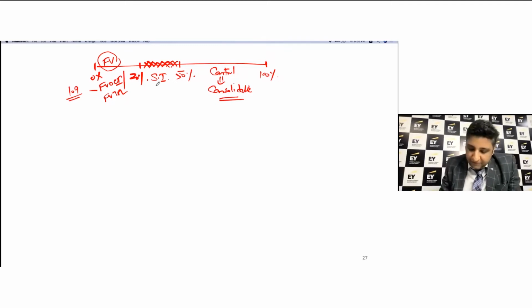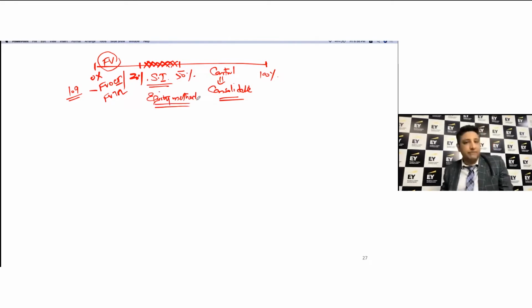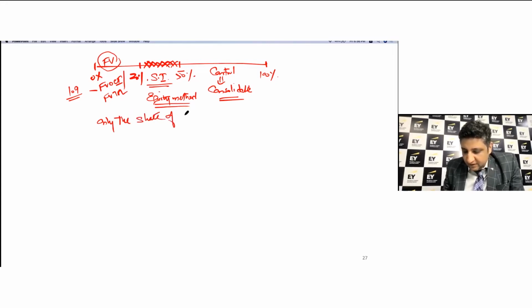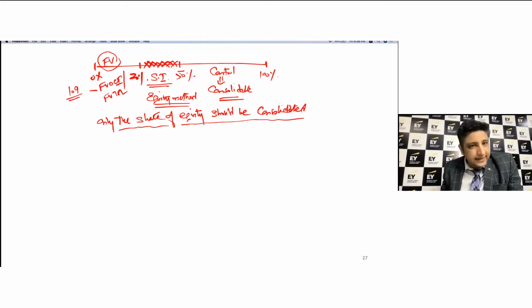So when we look at the middle path, significant influence, we say we need to follow the equity method of accounting, which actually means that only the share of equity should be consolidated. Only the share of equity should be consolidated, right?